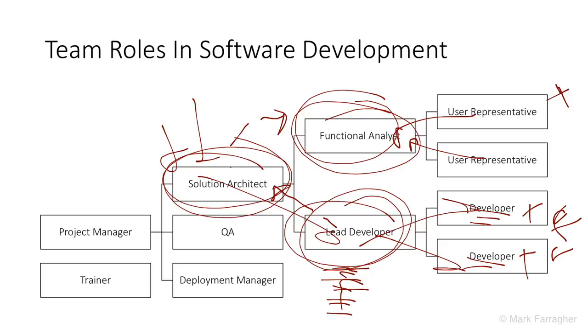Now there are a few extra roles that support these people that we've talked about so far. A very important role is quality assurance, right here, QA. QA is responsible for testing. So the idea is that while the team is developing code, QA is constantly testing that code.